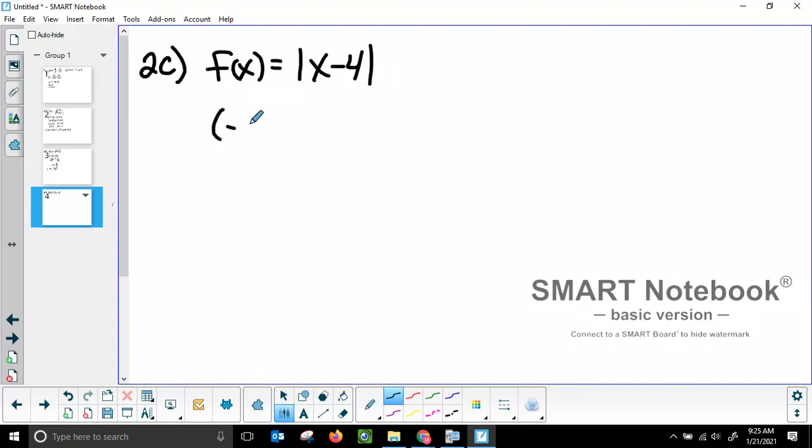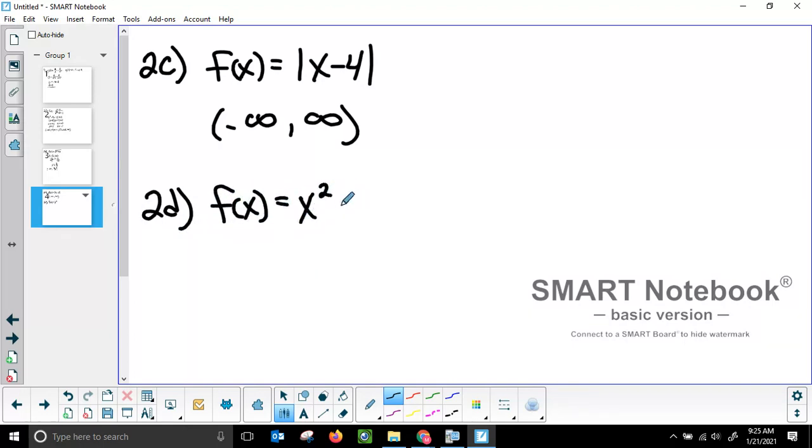So our domain is going to be all real numbers, negative infinity to infinity. 2d, function is x squared minus 2x plus 7. Again, here there's no square roots, there's no denominators to be 0, so my domain is all real numbers, negative infinity to infinity.